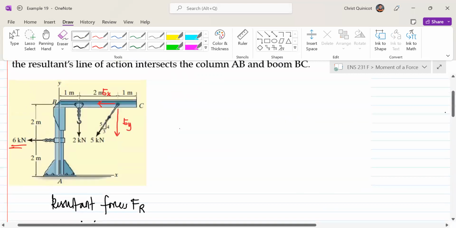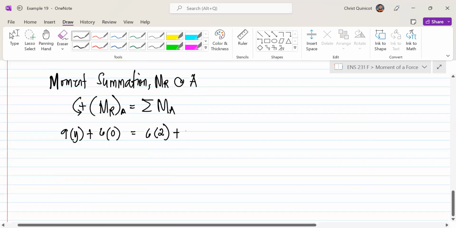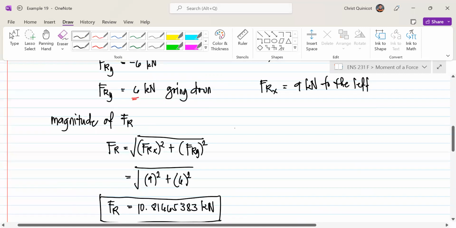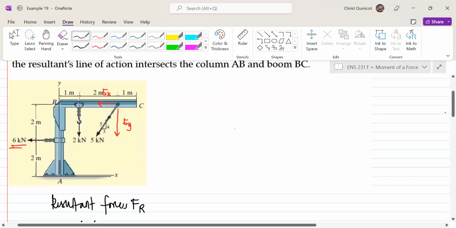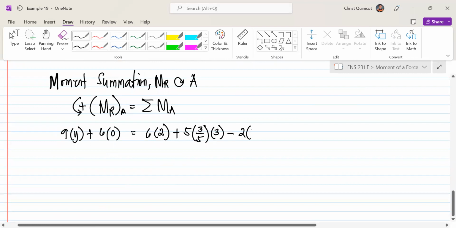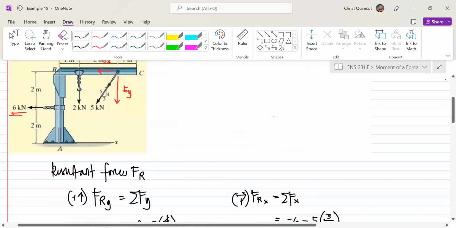So 6 times 2 plus our 5 sub x. That is 5 times 3/5 times 3, then minus. And minus would be 2 kilonewton going down. Perpendicular distance is 1, so 2 times 1, minus the y component of our 5 kilonewton force.